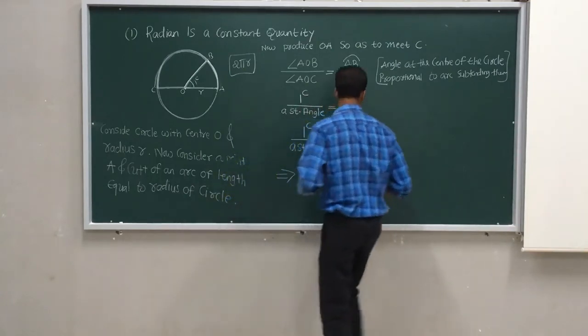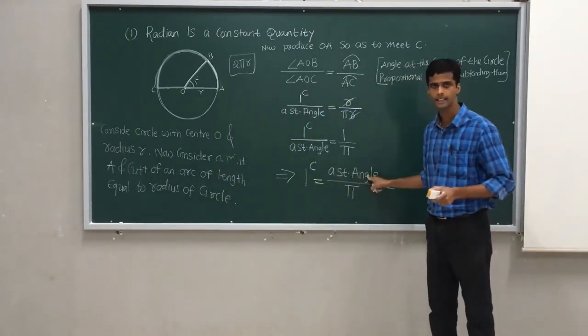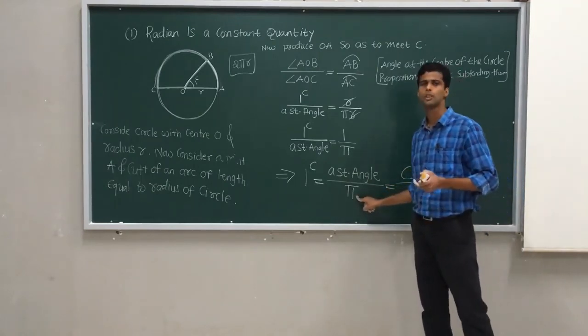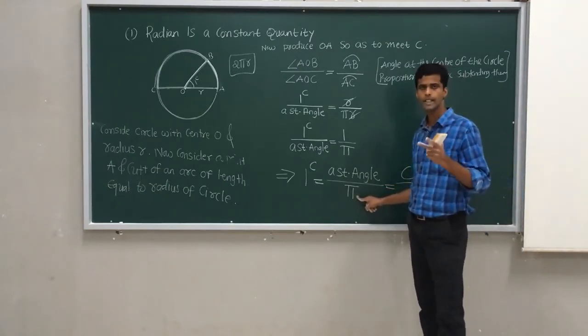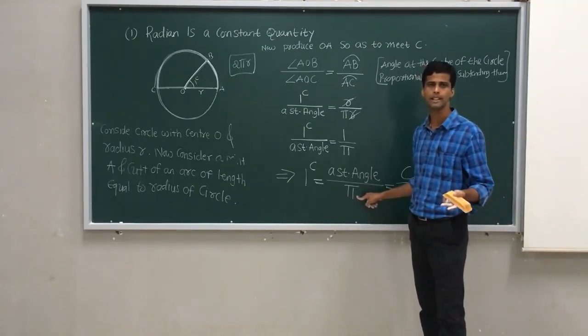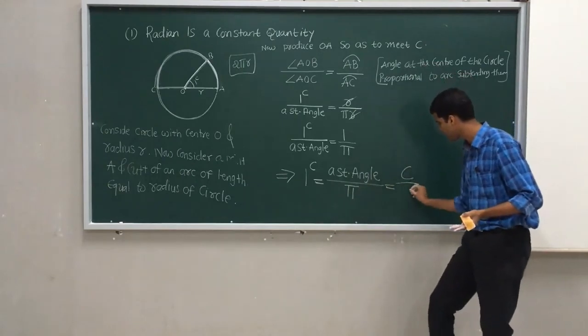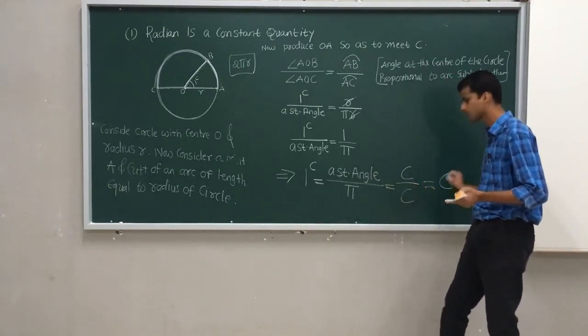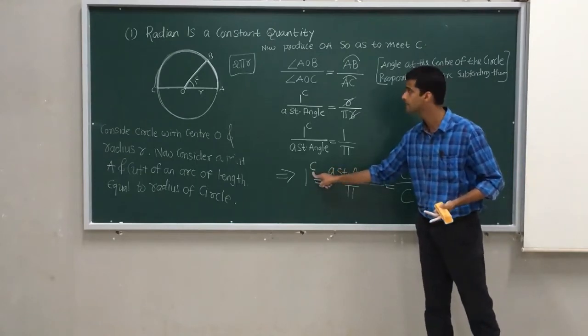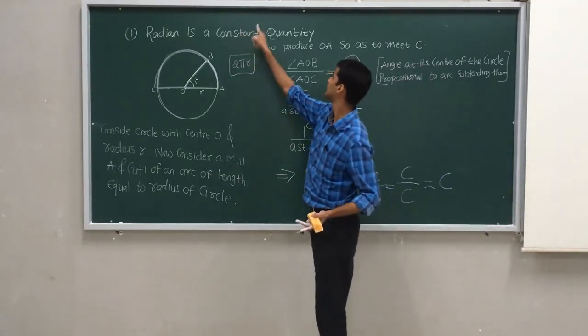We all know that a straight angle means 180 degree, which is constant. Pi you usually take either as 22 by 7 or 3.14. Both are constant only. Therefore, constant over constant gives you constant only. Therefore, I can say radian is a constant quantity.